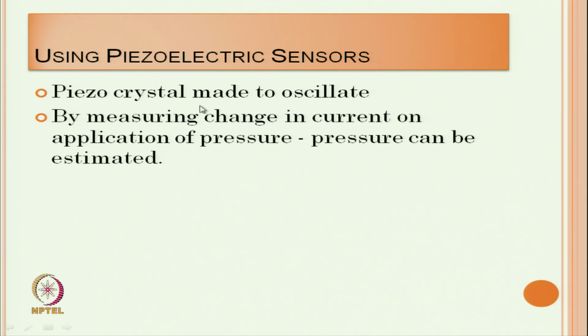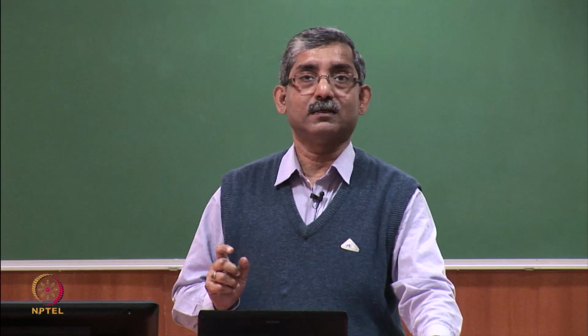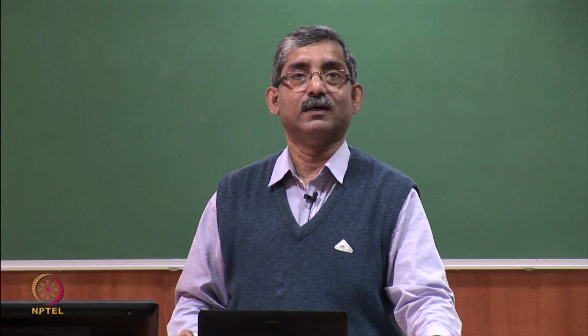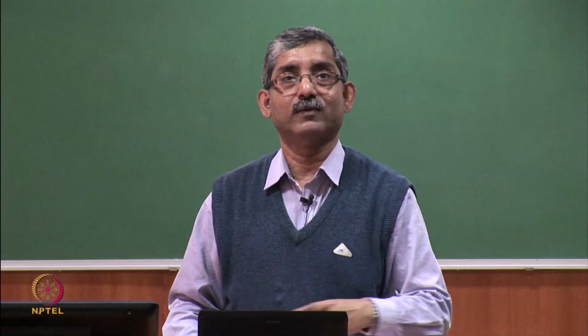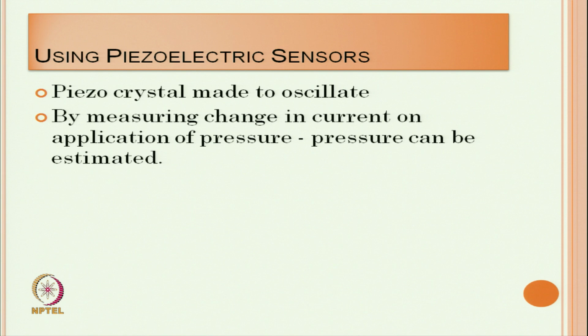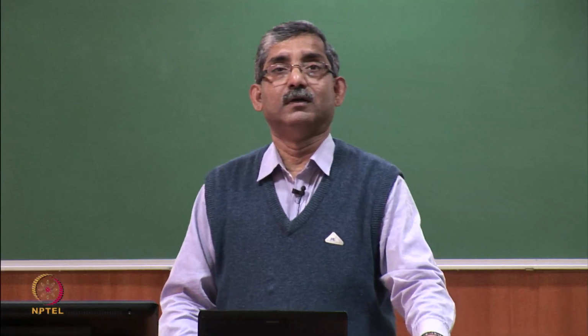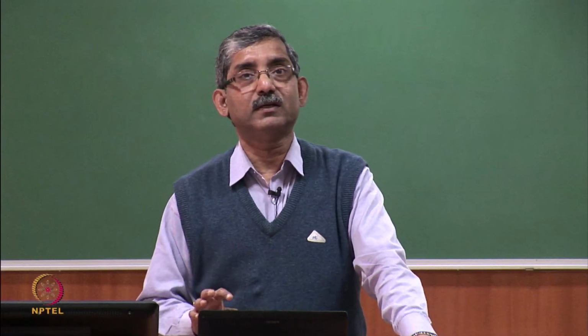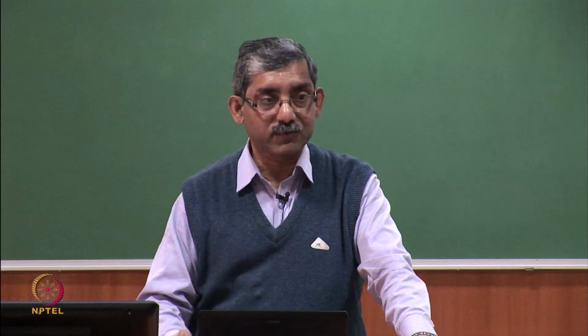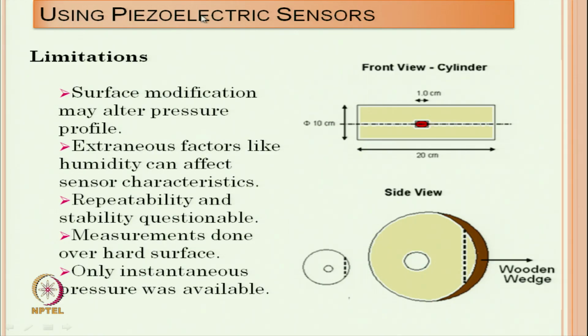In the piezo crystal, which is made to oscillate, by measuring changes in current during the application of load, we can get the pressure. The main problem with the piezoelectric sensor is that continuous measurement for a long time is difficult, and for a compression bandage we need to monitor the pressure continuously.